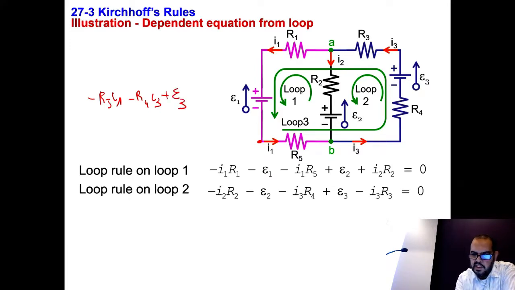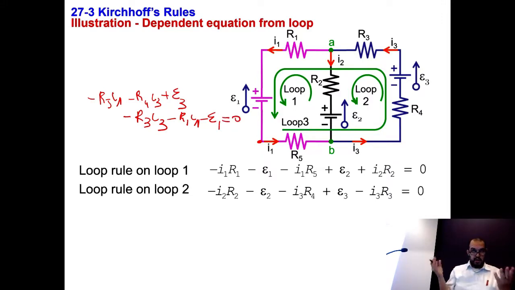Then you go through resistor R3 in the same direction as the current I3, so it's minus R3 I3. Then you go through resistance R1 in the same direction as current I1, so it's minus R1 I1. Now you're going through the EMF epsilon 1 through the positive terminal, so it's minus epsilon 1. We go back to the same point. This is equal to 0.